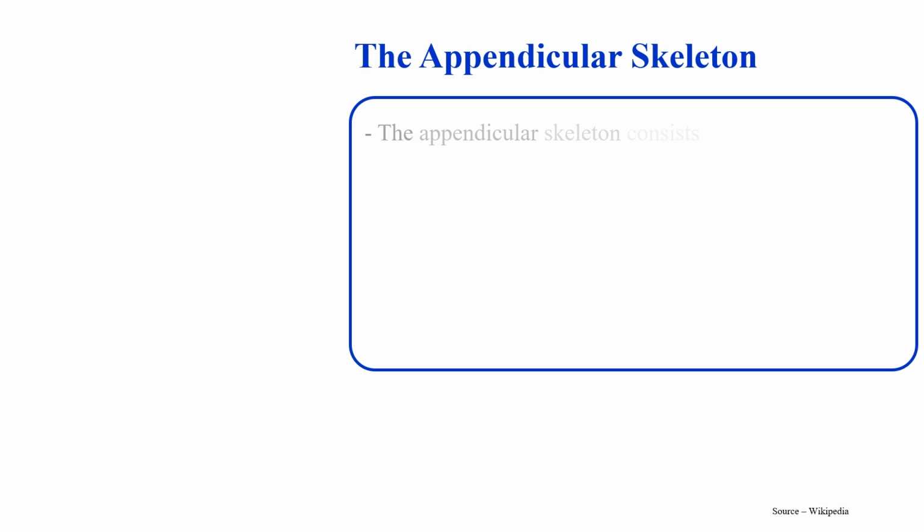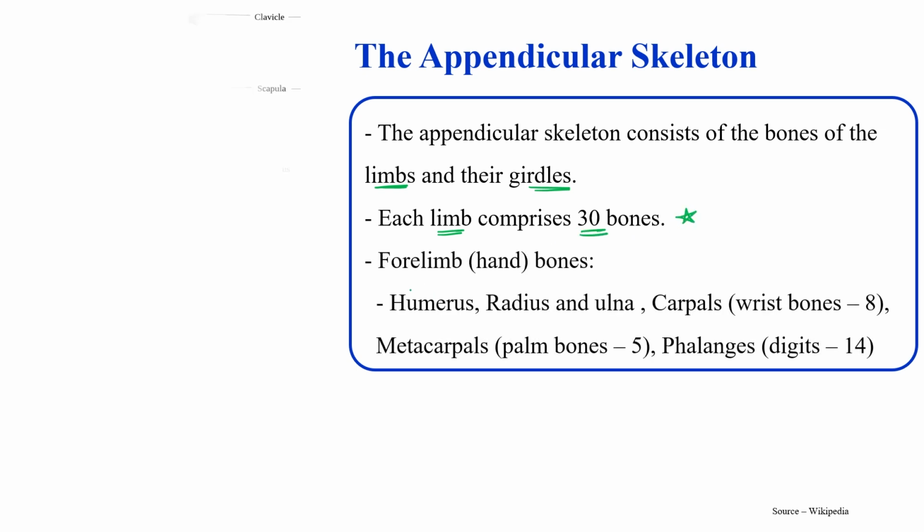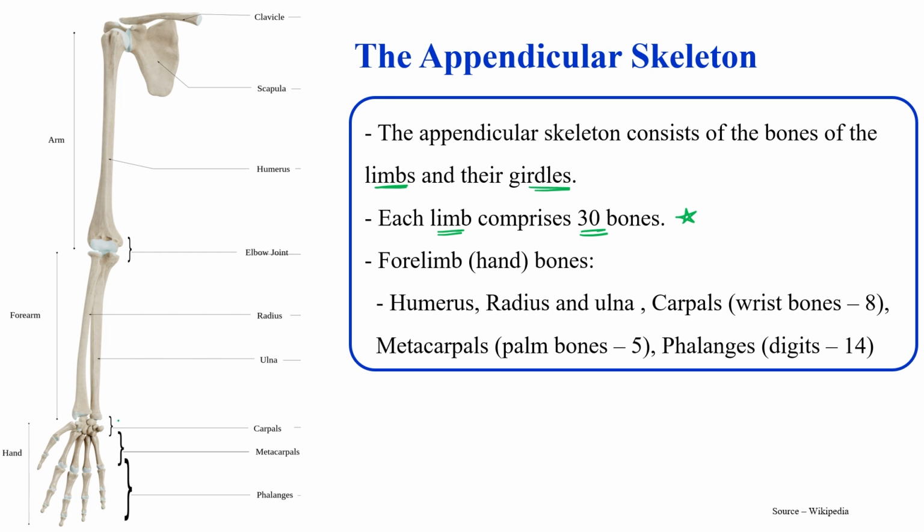Now the appendicular skeleton. The appendicular skeleton consists of the bones which are present in the limbs and girdle region. Each limb comprises 30 bones in total. Forelimb, this is the hand. So it contains humerus, radioulna, radius and ulna. This is the humerus.